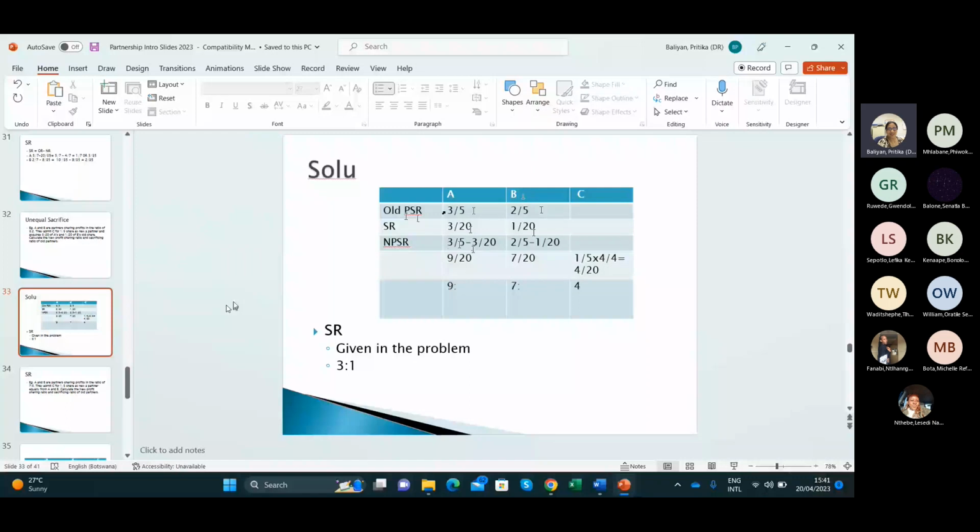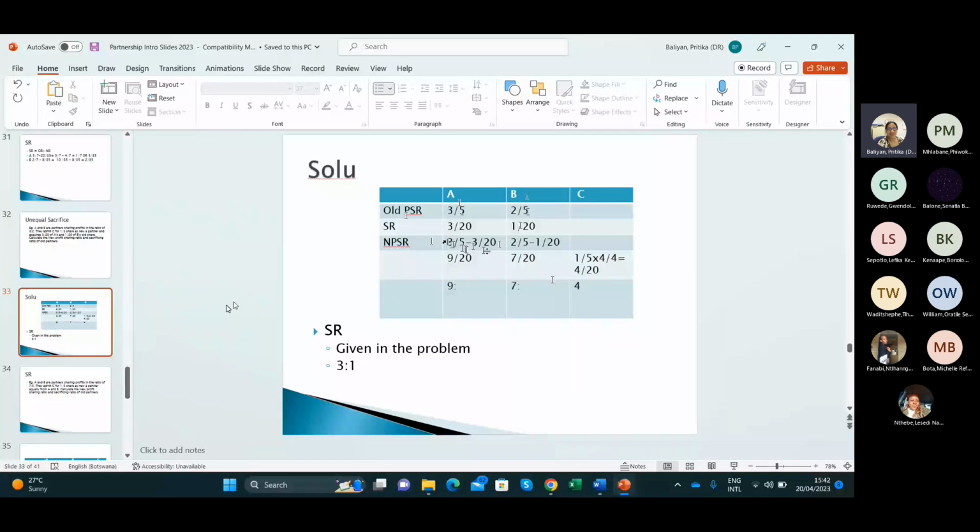The bottom figure is called the denominator. So 5 can be converted into 20 if we multiply by 4. So you multiply by 4 on top and bottom. 3 times 4, 12, divided by 20. So 12/20 minus 3/20. 12 minus 3 makes 9/20. Same for B.